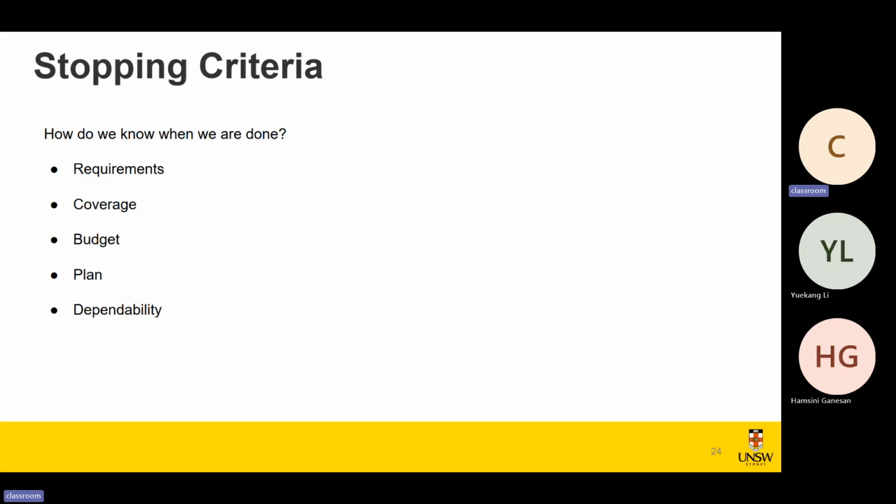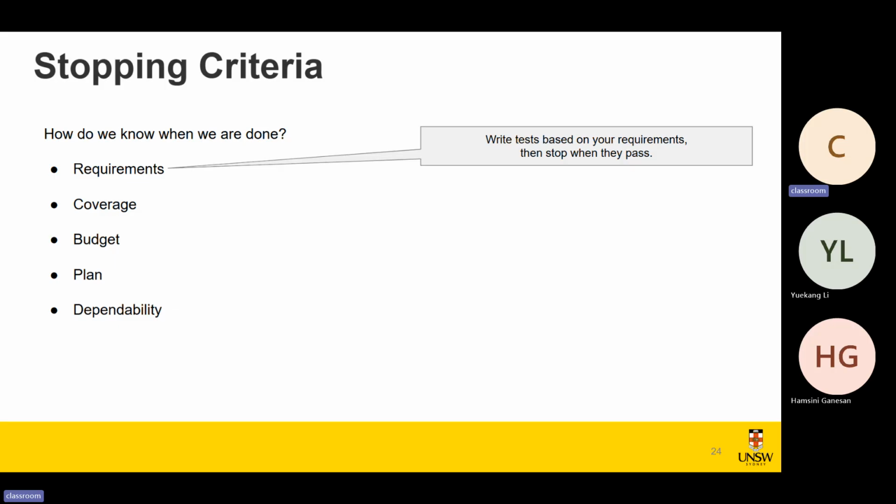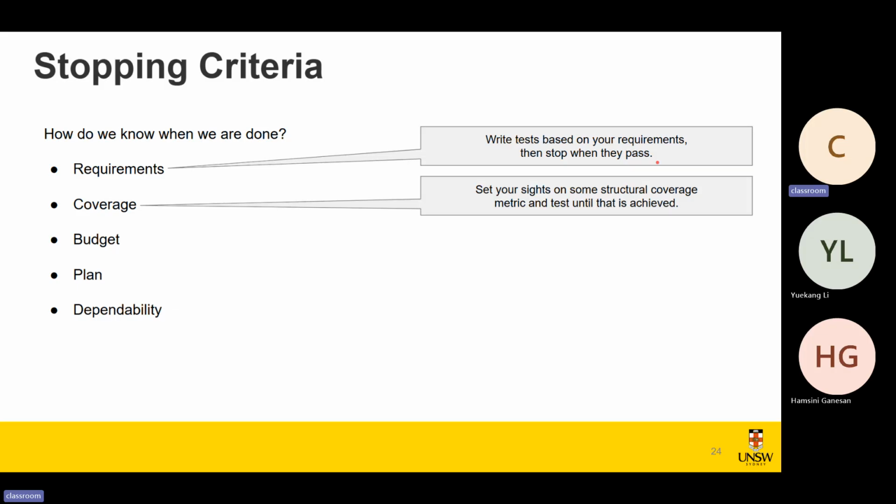First, we can use the requirements. We can write tests based on the requirements, and when all the tests according to the requirements pass, then we can stop testing. We can also set metrics using coverage. For example, if we can achieve maybe 90% statement coverage, then we stop testing.